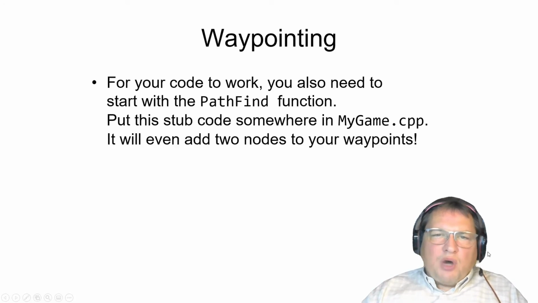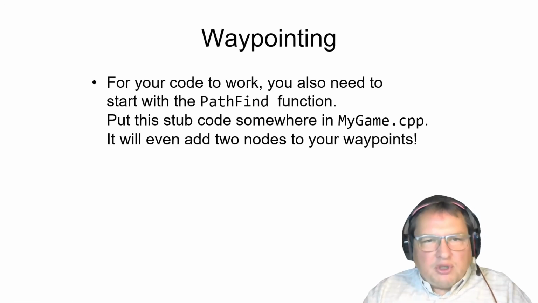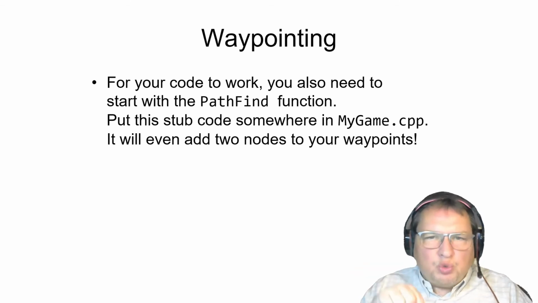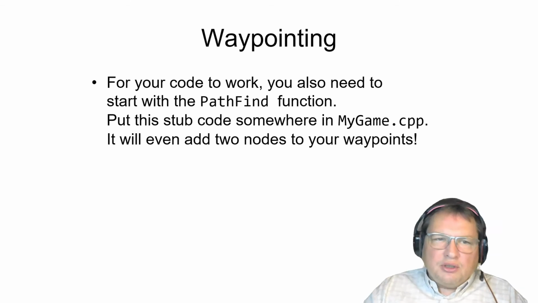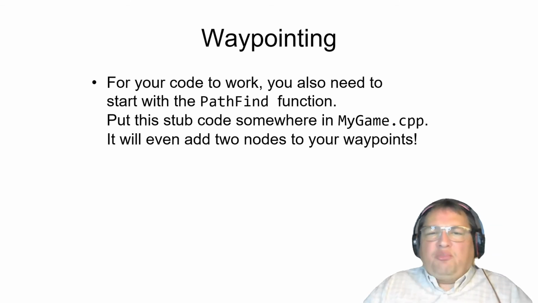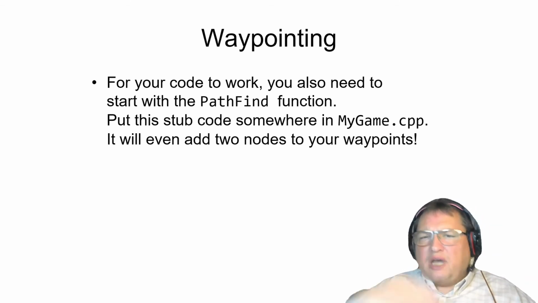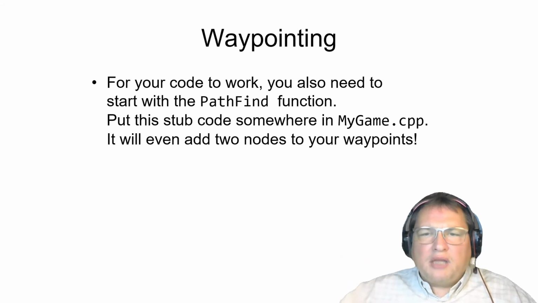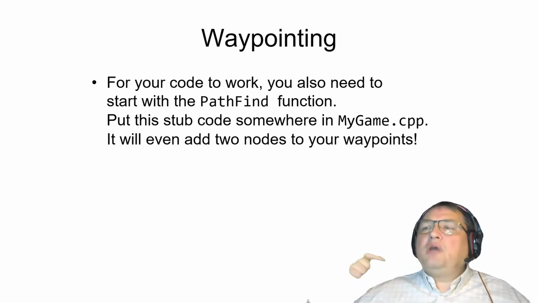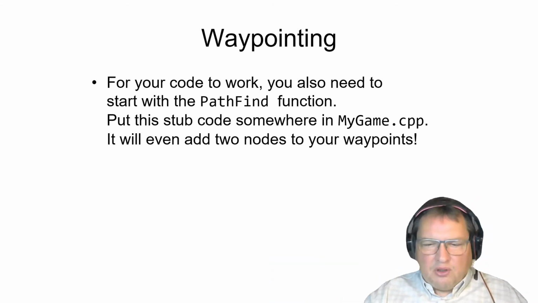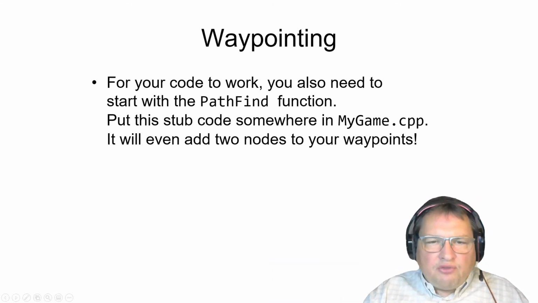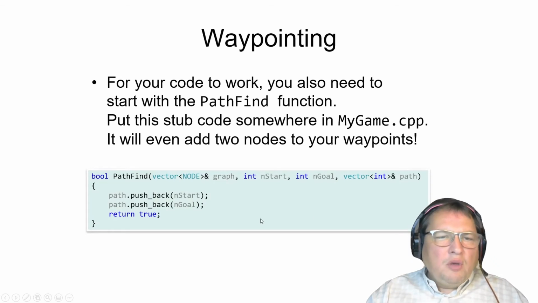But there's one more thing that we have to think about. For your code to work, you also need to start with the pathfind function. We can use a stub function, a function which doesn't implement the full algorithm yet, because the full algorithm will be discussed only in the next episode, but something very, very simple now.